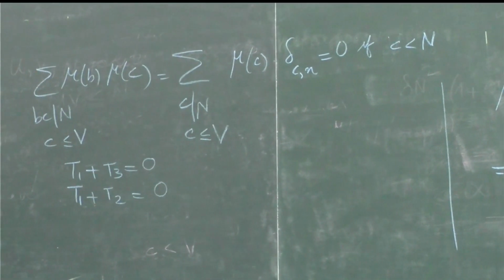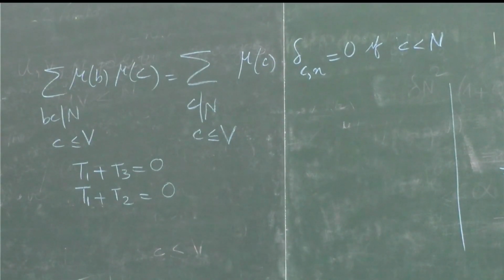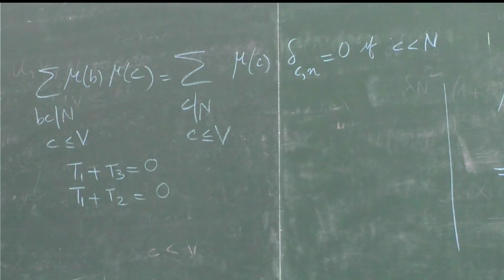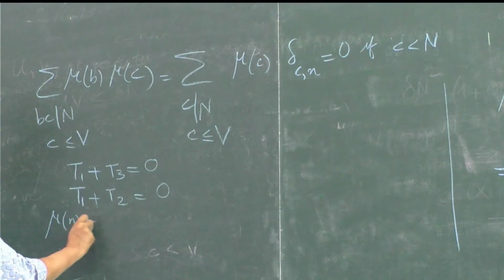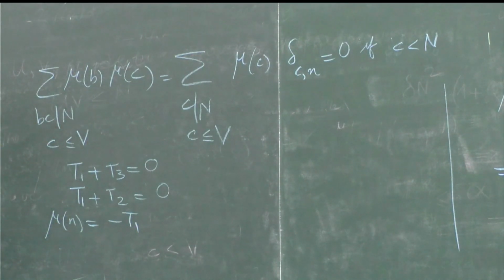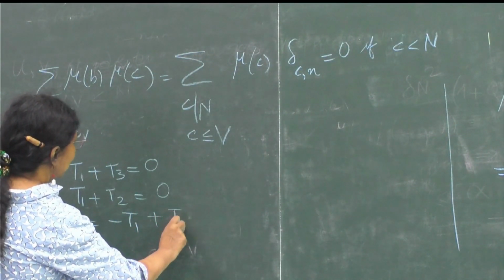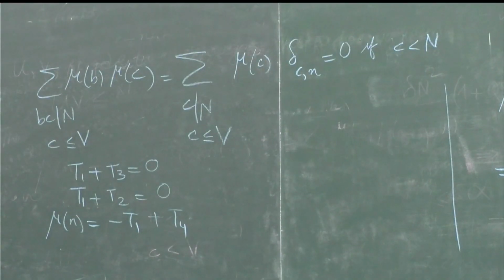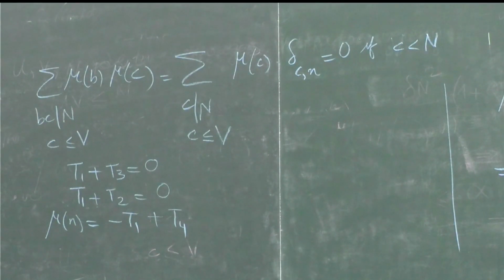Therefore, my mu of n is minus T1 plus T4. So, was that what we wanted to show? Good. Okay. So it wasn't false.